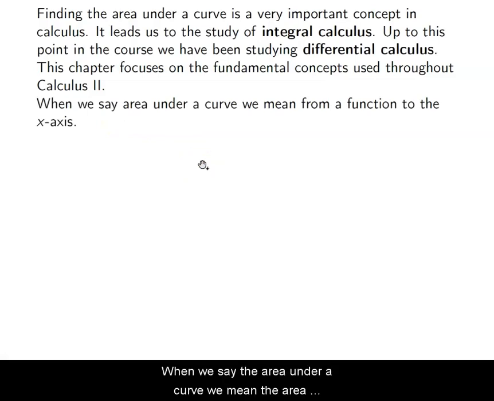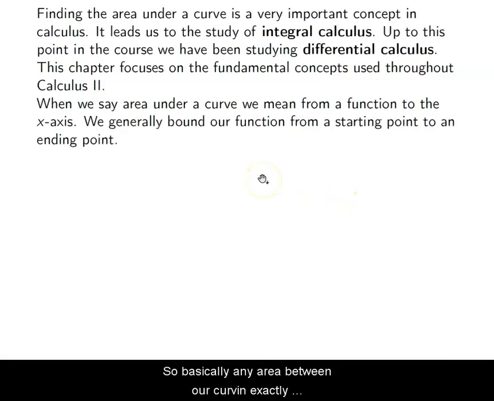When we say the area under a curve, we mean the area between our function and the x-axis, right? So generally we mean above the x-axis and below our curve. However, if the values of our curve are negative, then it needs to be the values that are above our curve and below the x-axis. So basically any area between our curve and the x-axis is what we're looking at.